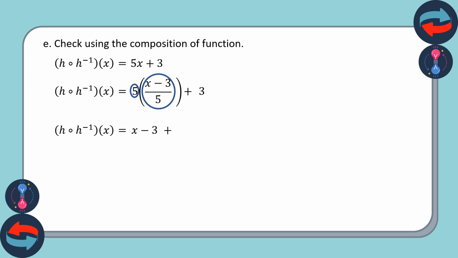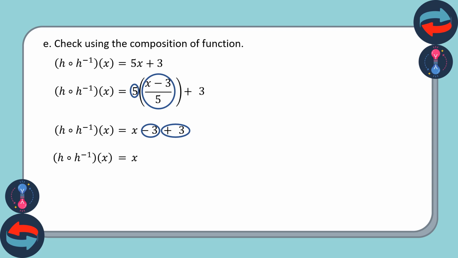Then copy plus 3. We combine similar terms. Negative 3 combined with positive 3 is equal to 0. So h circle inverse of h of x is equal to x.